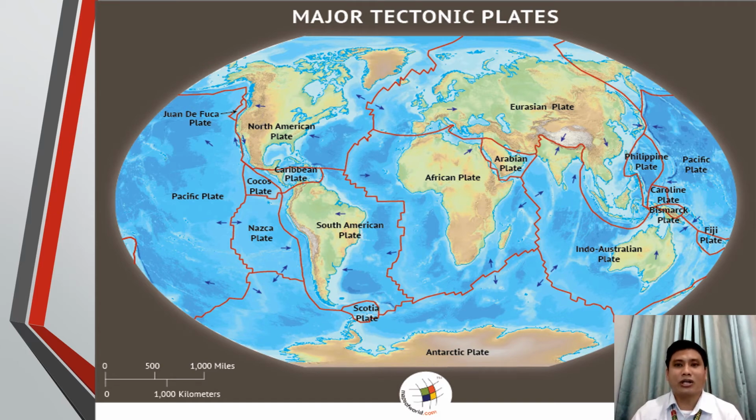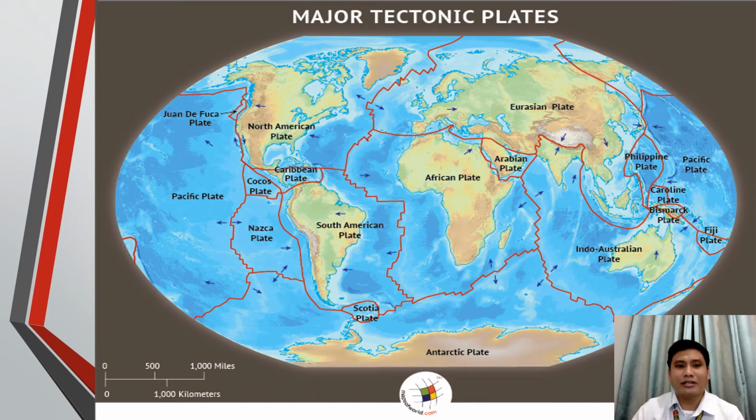This figure is also the same figure that you will be using in learning task number 3, located in page 20 of your learning module, wherein you are tasked to identify what type of plate boundary is occurring between a pair of tectonic plates.